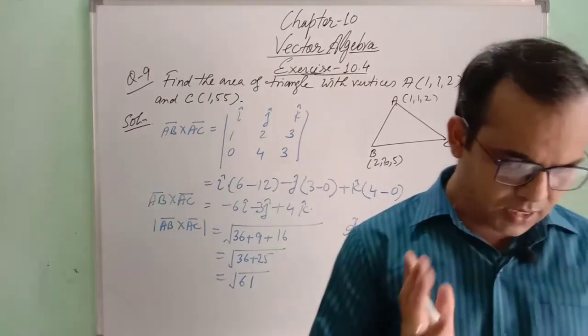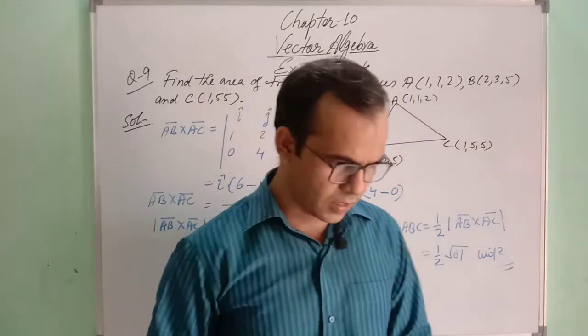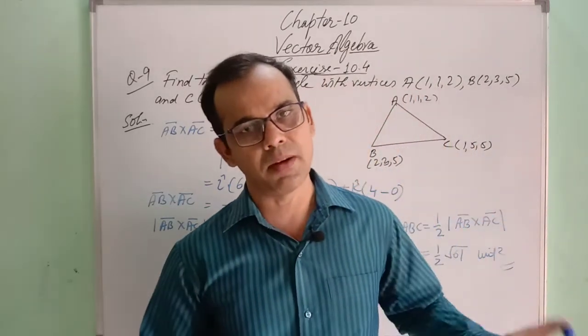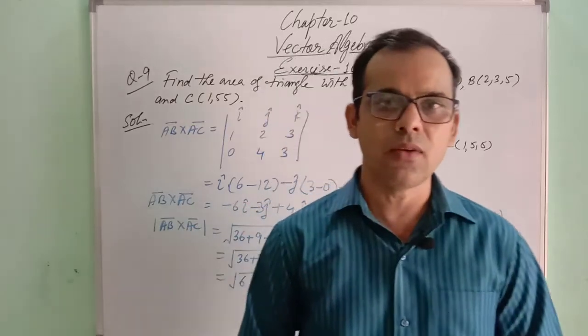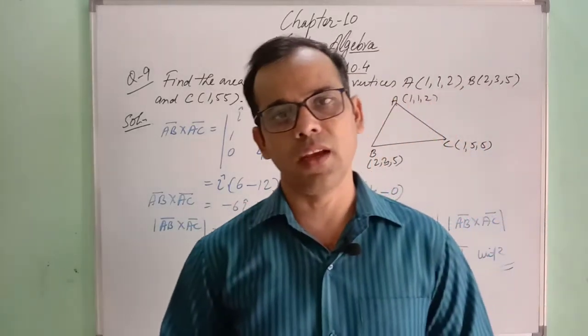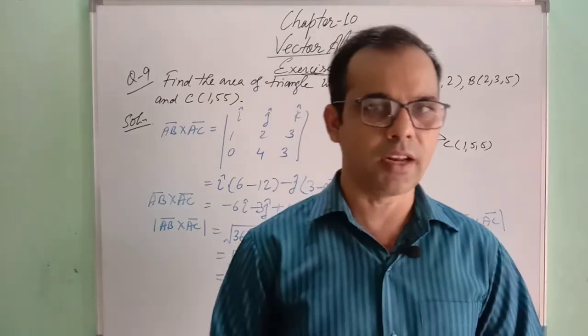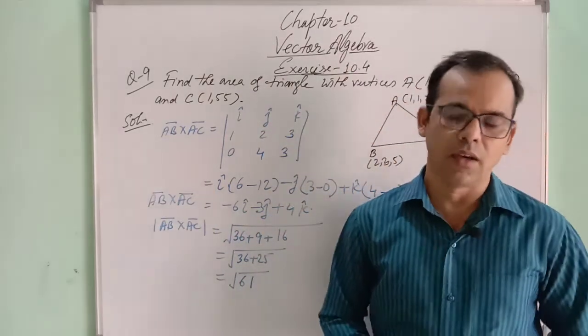Question number 10 is for you. You have to find the area of parallelogram whose adjacent sides are given. So you can imagine the adjacent sides as the vectors A vector and B vector, and simply you have to get the value of the magnitude of A vector cross B vector. That will be the area of parallelogram.